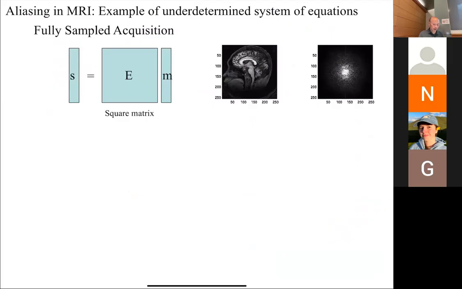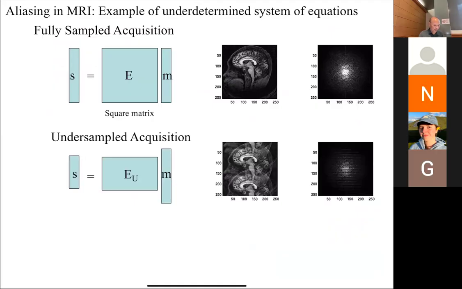So now let's look at the other case where we have an underdetermined system of equations. So how might we get that? Well, here we start off with a fully sampled acquisition where E is a square matrix. And then undersampling means, for example, in this case, I'm just getting rid of every other line of K-space. So I'm just skipping every other line.